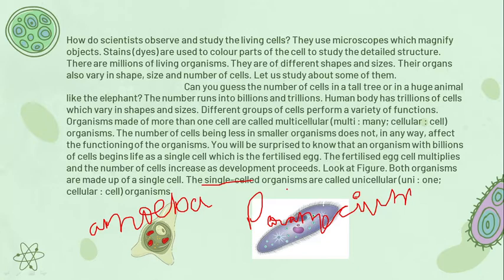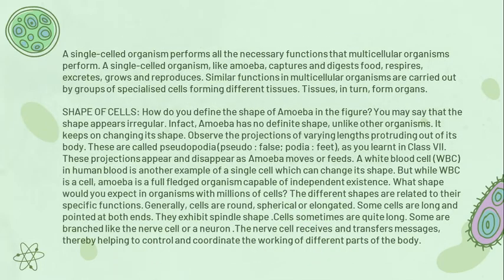And of course humans, some of the animals, let us take elephant, a human, and many other such organisms are made up of two or more cells. Those are called multicellular organisms. Here we can learn that a single cell organism performs all the necessary functions that multicellular organisms perform. There is an amoeba which we've seen before.